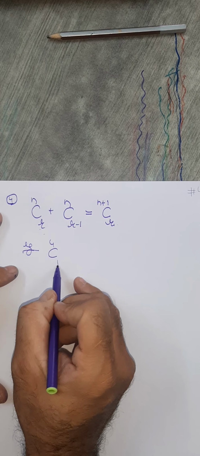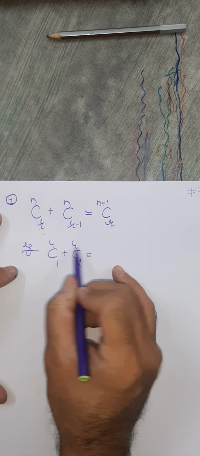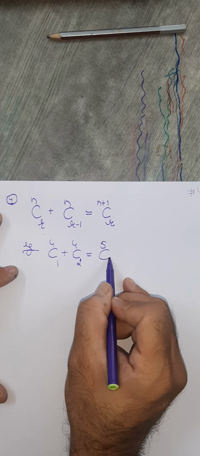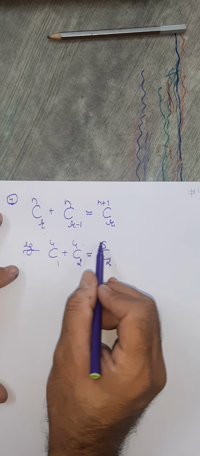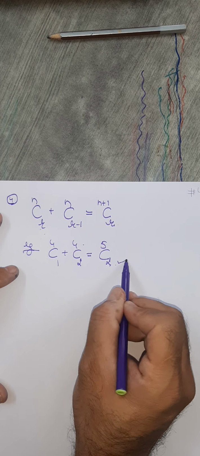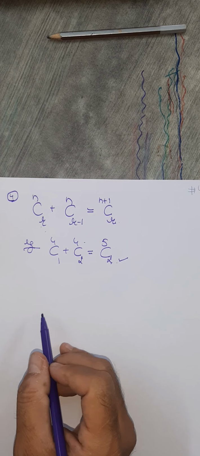Like 4C1 plus, if you write 4C2, then the answer will be 5C2. The bigger of these two is 2, and you write plus 1 there. This is always true. Okay, so this was about permutation and combination, what we have discussed so far.